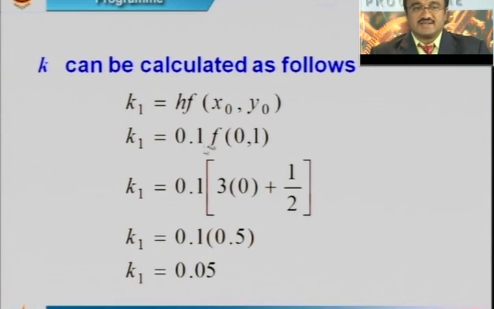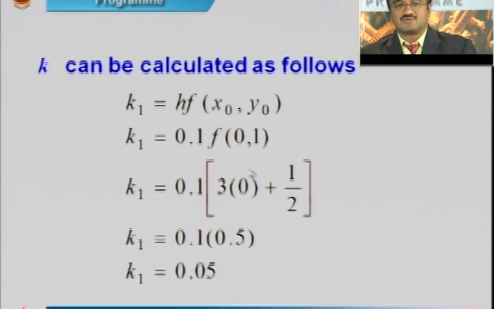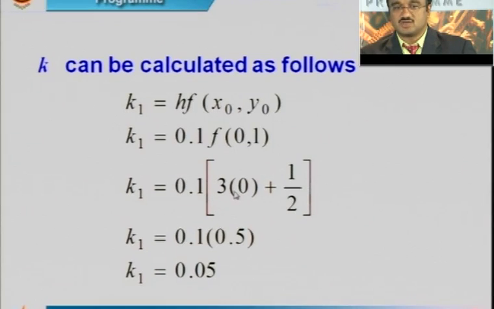Now substitute in the given function, your k1 will give 0.1 into 3 into x0 value 0 plus y0 is 1 by 2. After simplification this term becomes 0, 1 by 2 is 0.5, 0.1 into 0.5, it will give k1 value as 0.05.